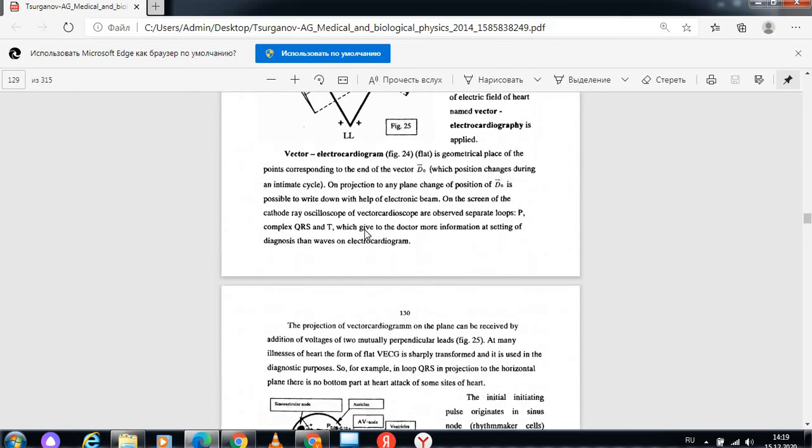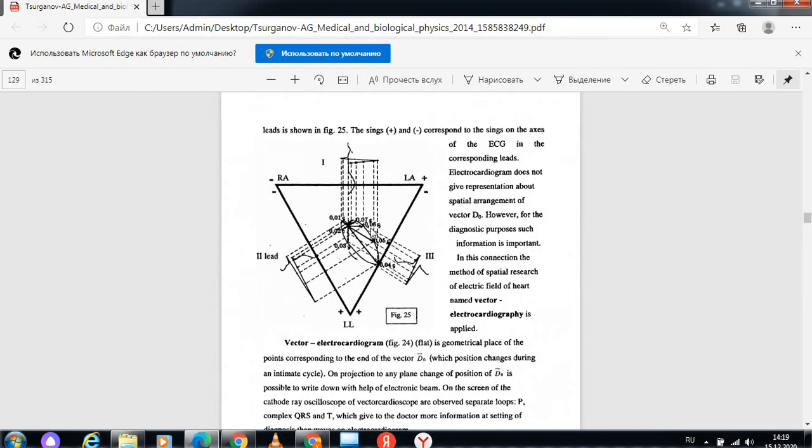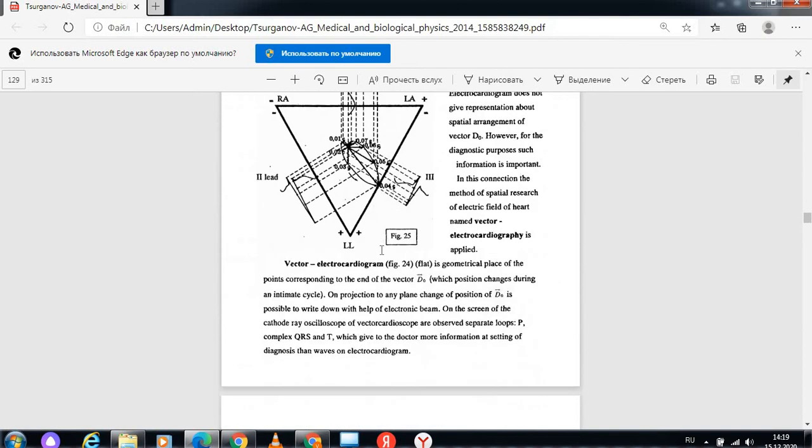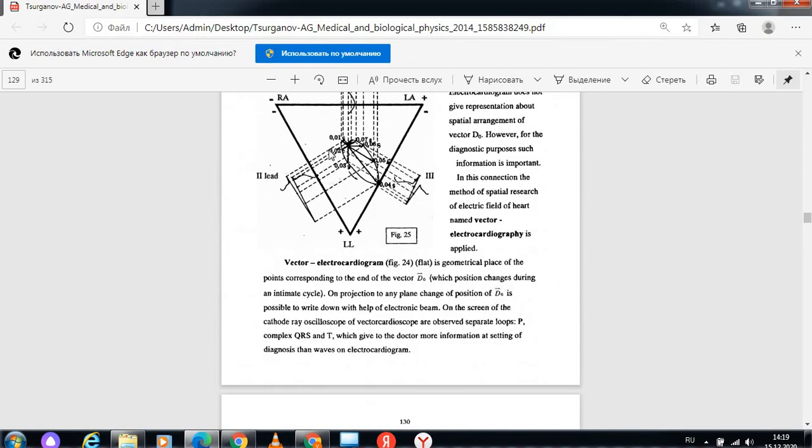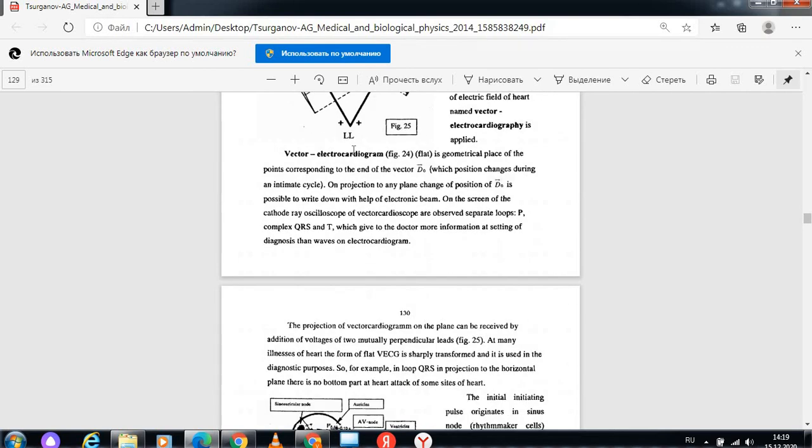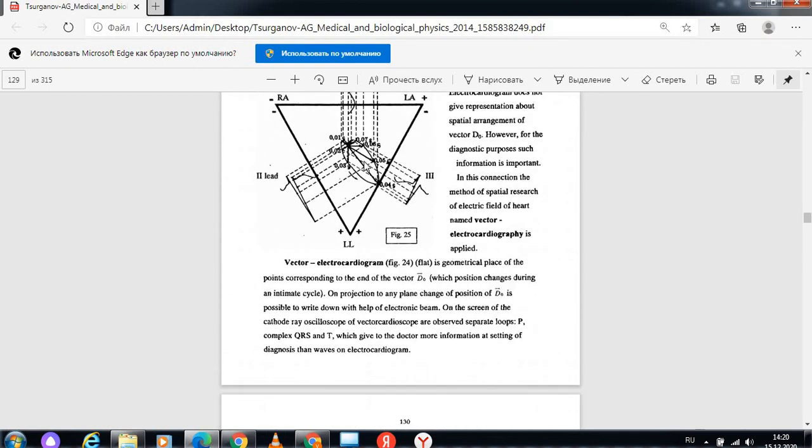In many illnesses of the heart, the form of the flat vector cardiogram is sharply transformed, and it is used for diagnostic purposes. For example, the different projections of the QRS loop give us the projection to the horizontal plane. There is no bottom part at a heart attack or on some sides of the heart.